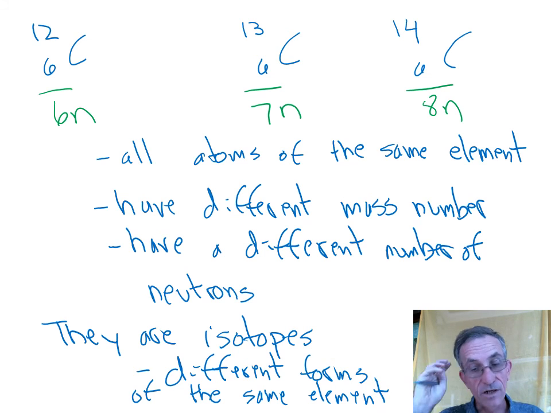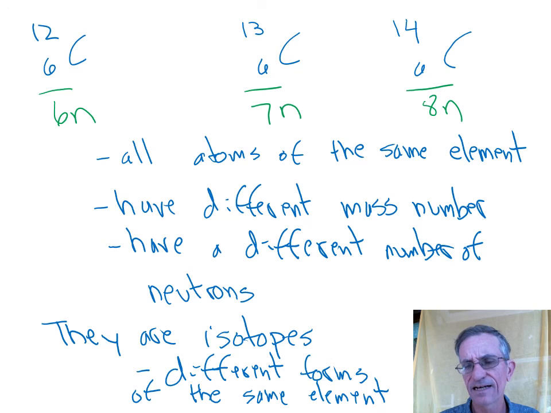So they're all carbon atoms, but they have a different number of neutrons. This is actually all the types of carbon that exist. There are 3 forms of carbon. These are the 3 isotopes of carbon. That would be a way of explaining how these guys relate to each other.